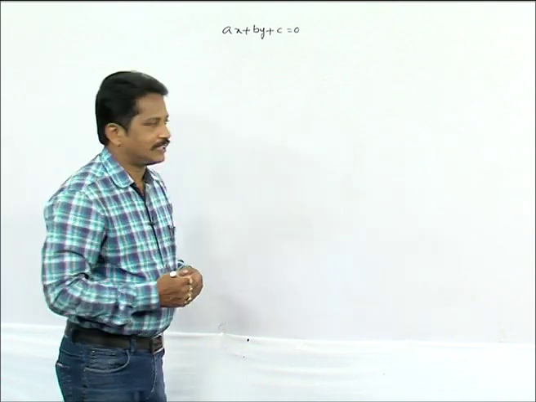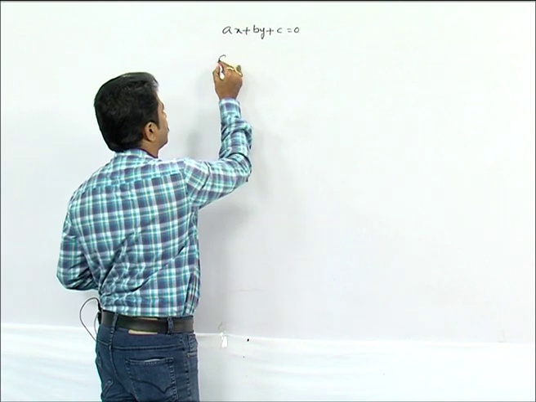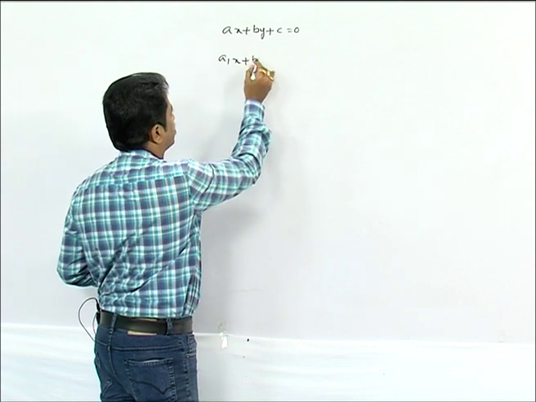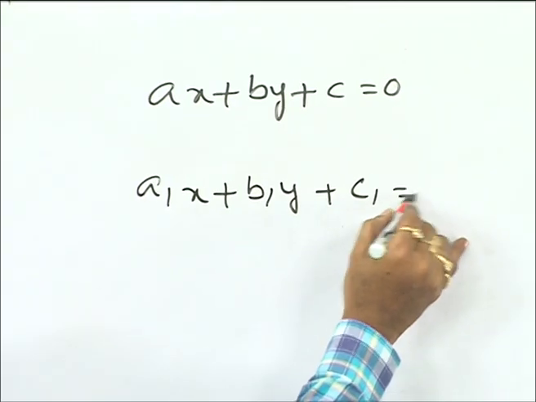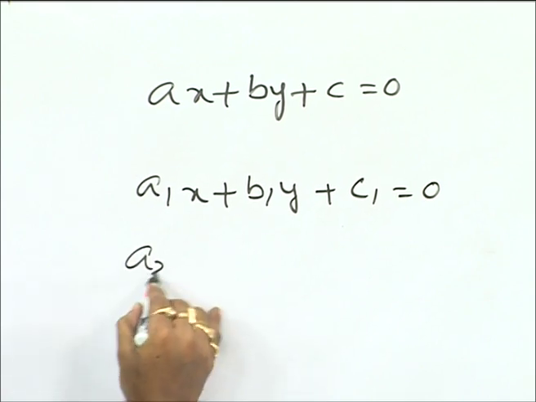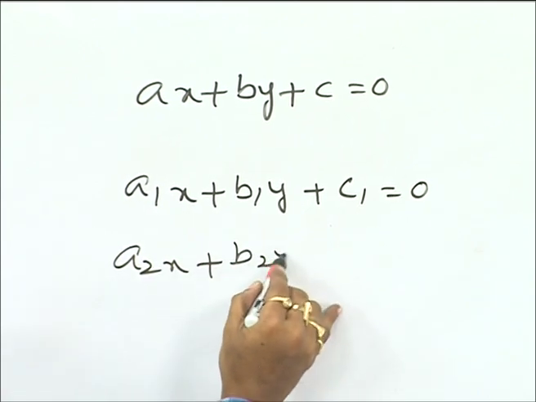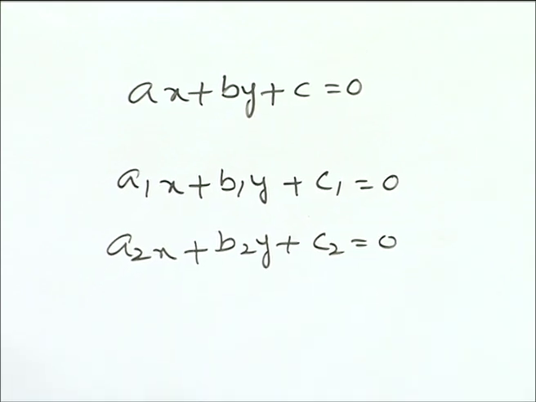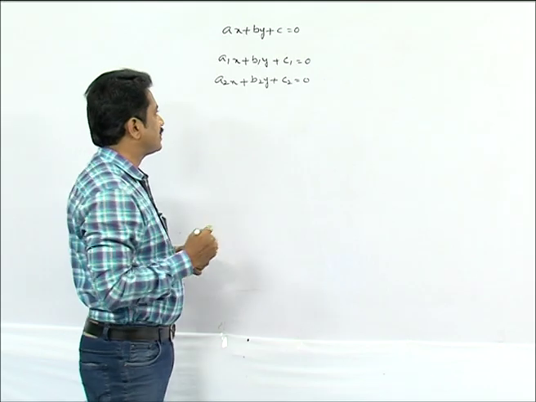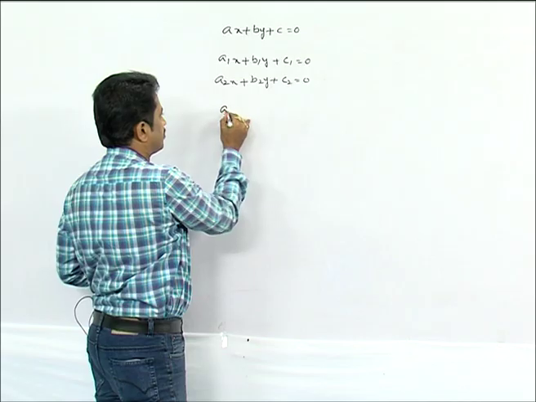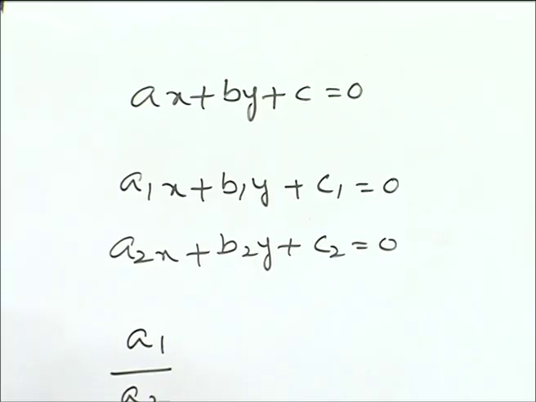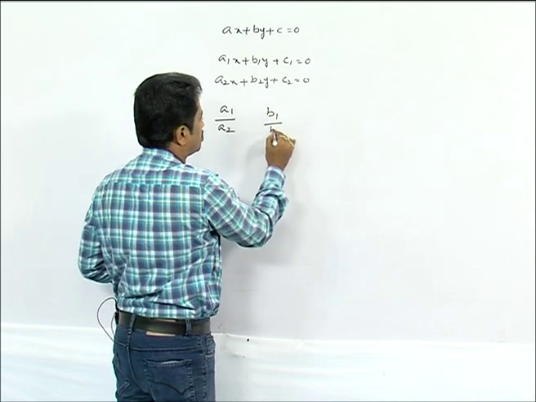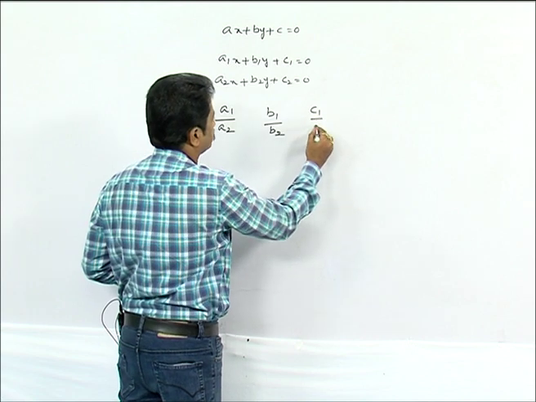Now, I am taking two equations, a1x plus b1y plus c1 equal to 0, and another equation a2x plus b2y plus c2 equal to 0. Okay. Now I am comparing these two equations, comparing coefficients a1 by a2, b1 by b2, c1 by c2.